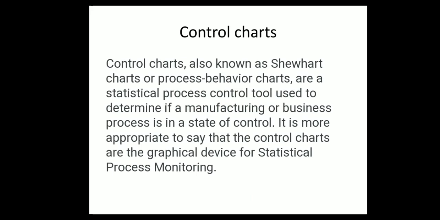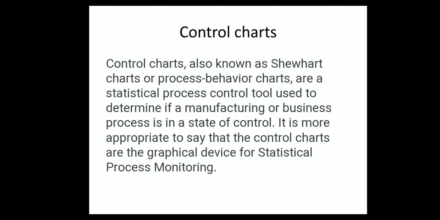Control charts. Control charts are the most important quality control systems, where the upper control limit and lower control limit are referred to, and the acceptable control level and warning limits will be given depending on the quality factors.